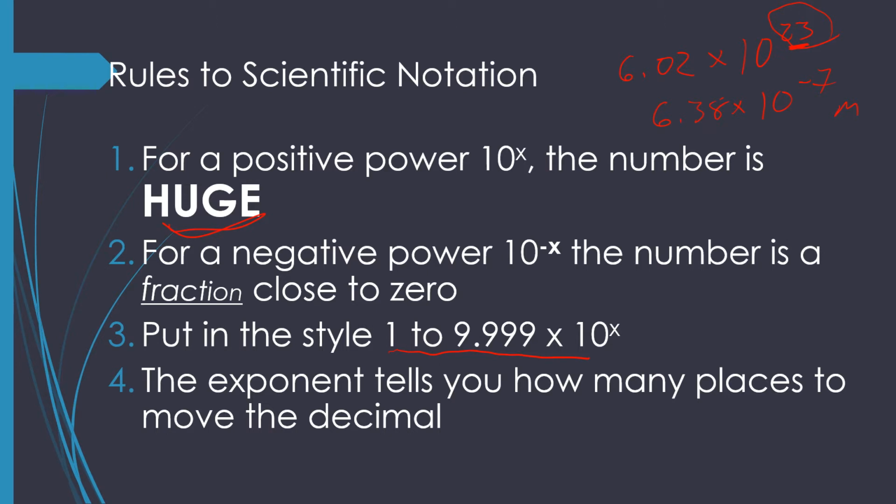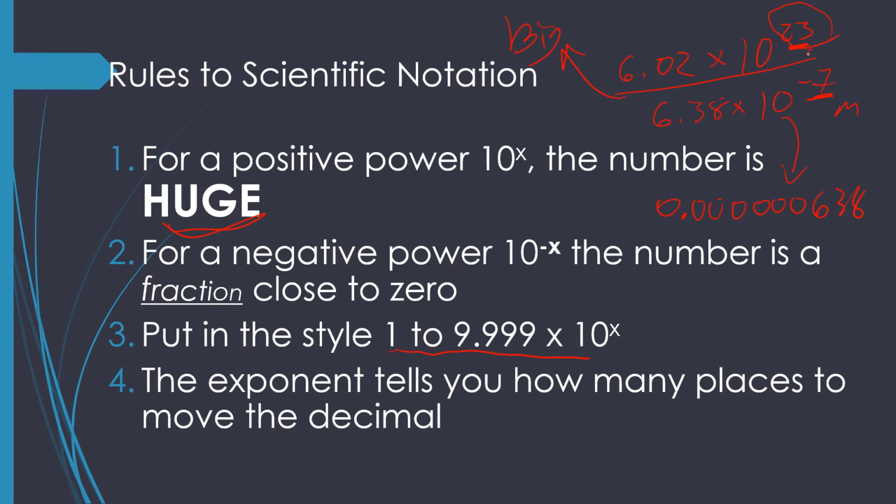It's like blue. Now that has a negative exponent, so it's a very small fractional number. It's 6 zeros and then a 638. So this number translates to a very small number, and this number translates to a very large number.